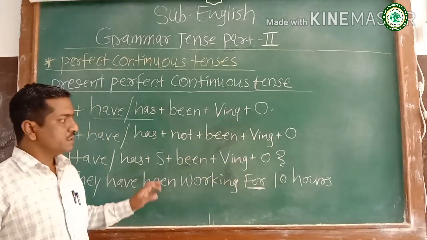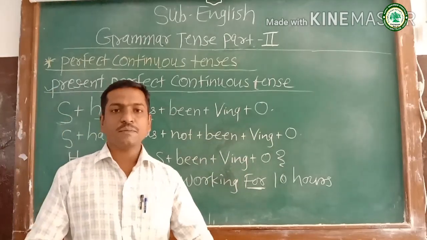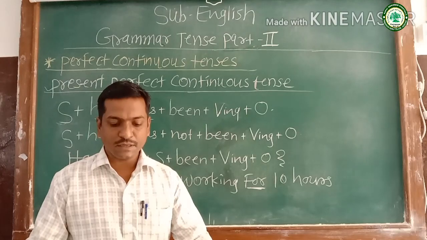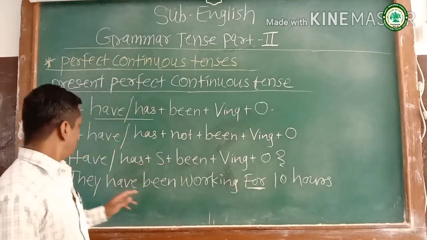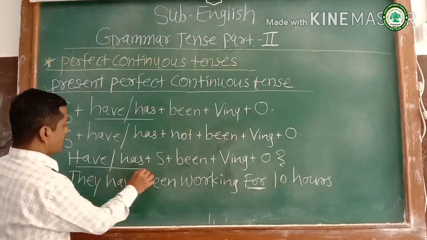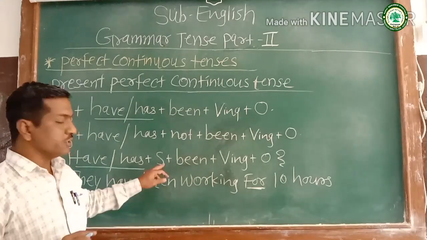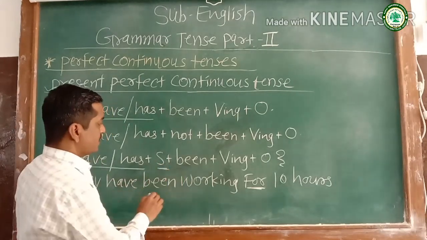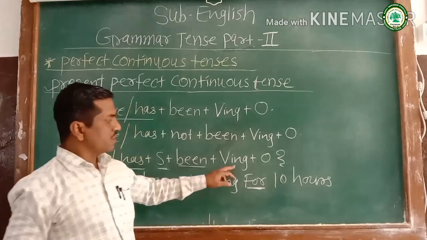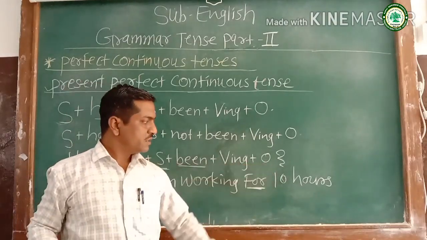Then the yes/no type structure of present perfect continuous tense: we use have/has at the beginning of a sentence, then subject, then been, then verb-ing, then object and question mark.